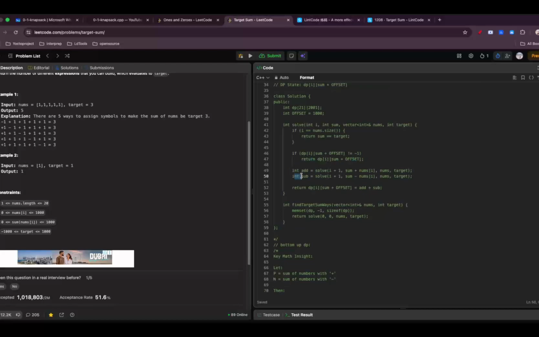Then that add and subtract thing which you had done, the same thing we need to do here also. And then at the end, that add and subtract, we will just be assigning to the same. So that is what we are going to do. And that is how the number of possibilities is stored in the table.